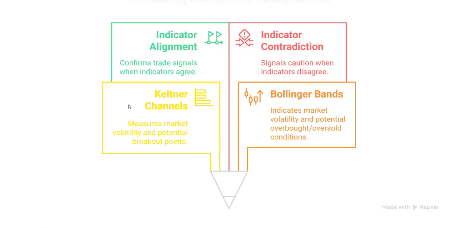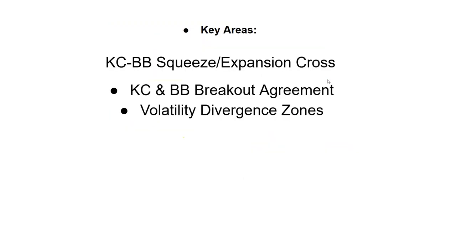When Keltner channel and Bollinger Band do not agree with each other, it signals caution. So you will be cautioned for the next movement coming up in the market.